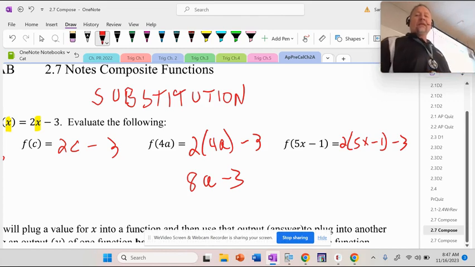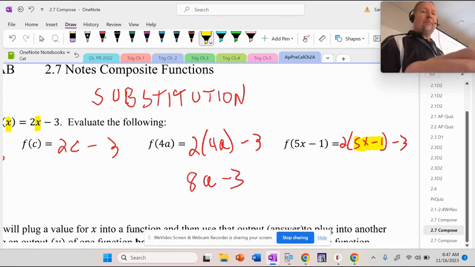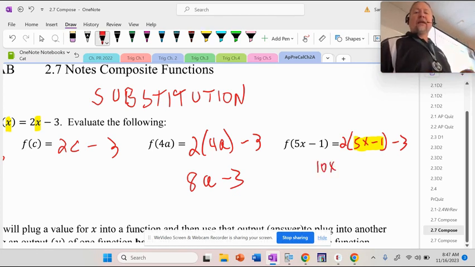It's a flat out substitution. I don't care if the letters are the same. This is what has to happen. If you get this, then the most complicated stuff we're going to have later will not be complicated at all.